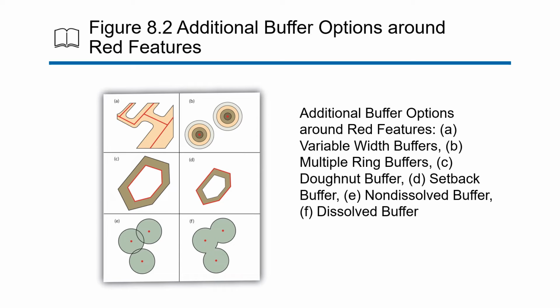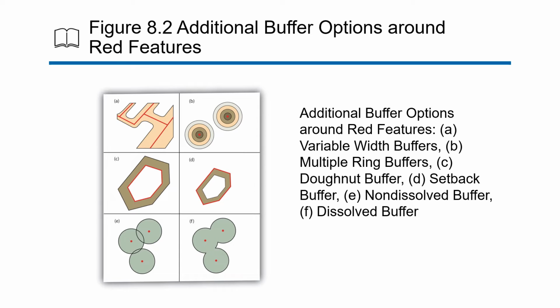E and F are two other common things we need to understand about buffers, particularly when we buffer around multiple features. You'll get occasion where buffers will overlap, and you have to make a decision when you're doing this sort of work. Do you want those individual buffers, or do you just want to have all the buffered area collectively together?